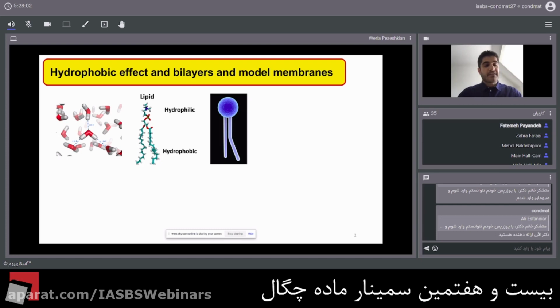This effect has an entropic nature and is often seen as perturbation in the hydrogen bond dynamics of the water molecules.